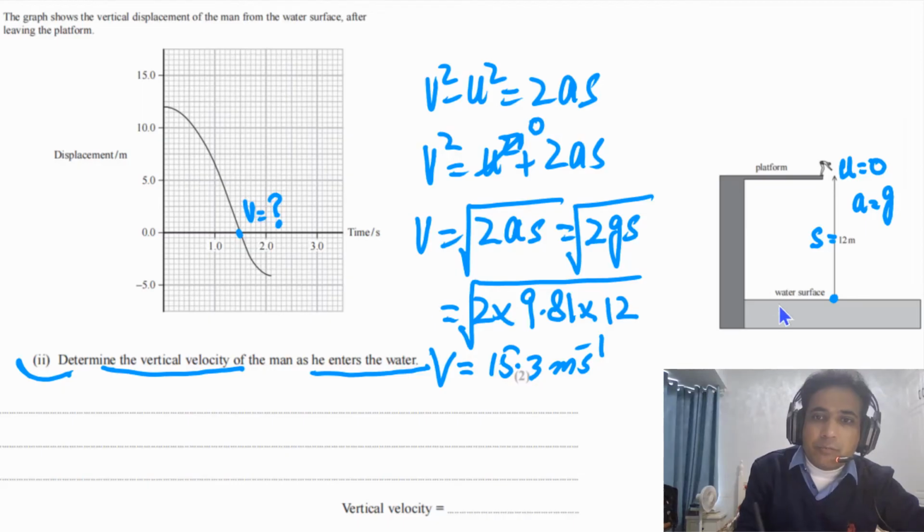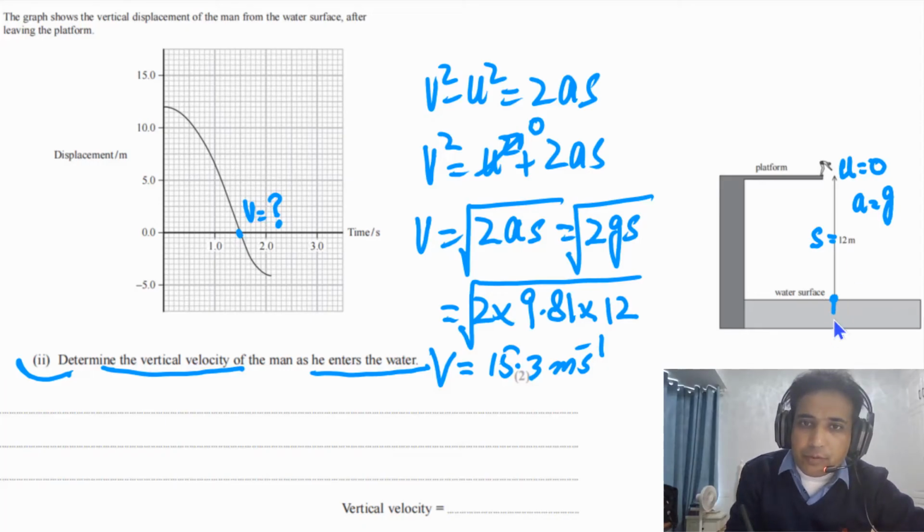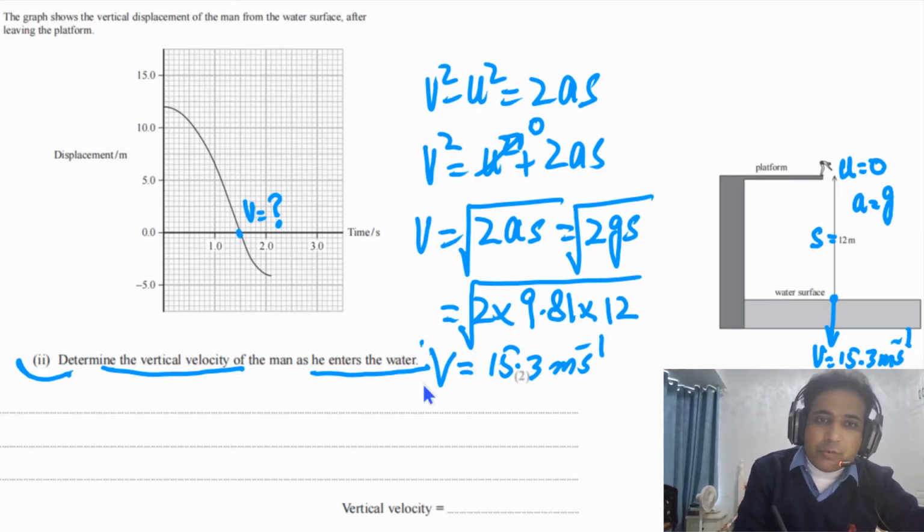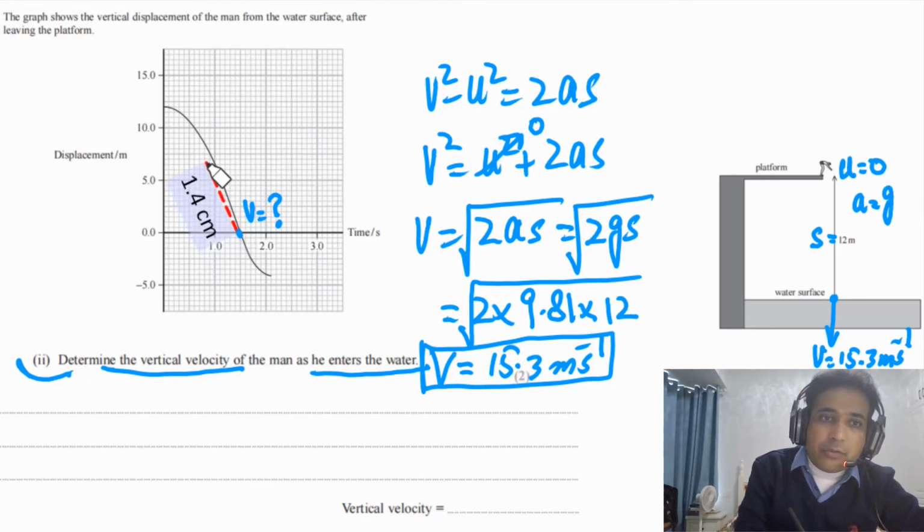So this is the vertical velocity when the person is at this point, just entering the water. So the value of v at this point is equal to 15.3 meters per second. This is one way you can answer this problem. The other way to answer this question is to draw the tangent line at this point and find the gradient of that tangent line.